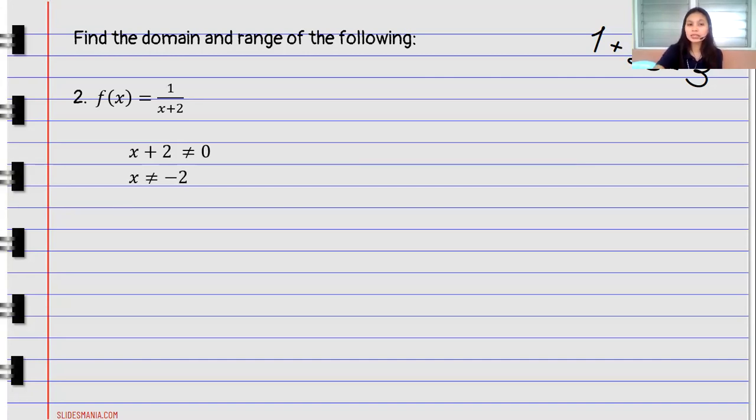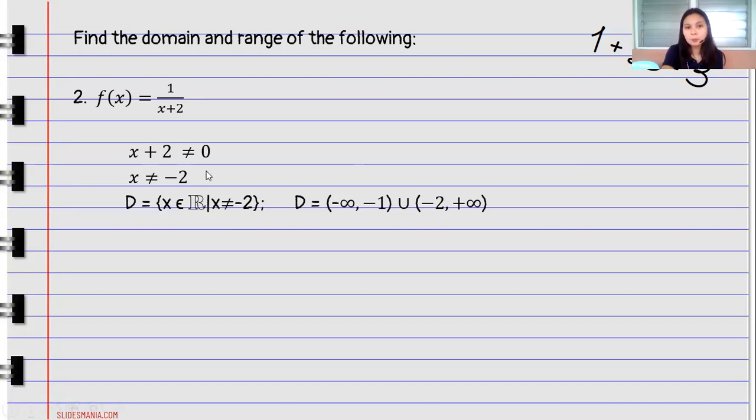So therefore, we can say that any values of x, ayan po siya kung isusulat natin siya: x is an element of all real numbers such that x should not be equal to negative 2. So ibig sabihin lang po niyan, kahit ano daw pong value of x ang ilagay ko pwede except for negative 2. Bakit po bawal si negative 2 i-substitute kay x? Because that will make our function undefined.